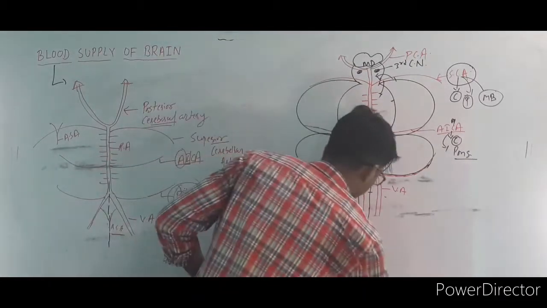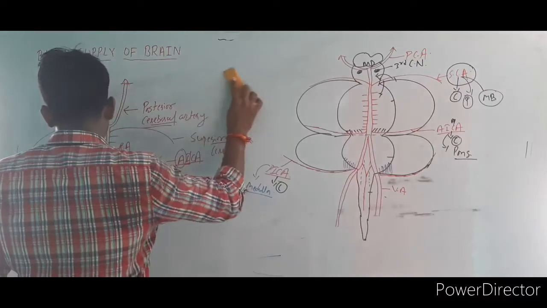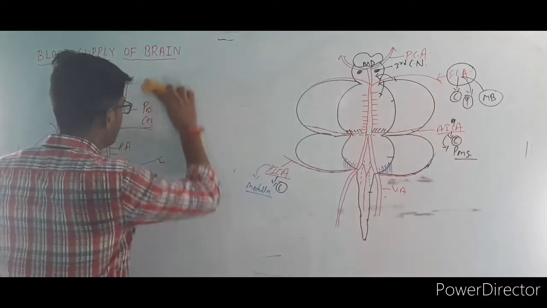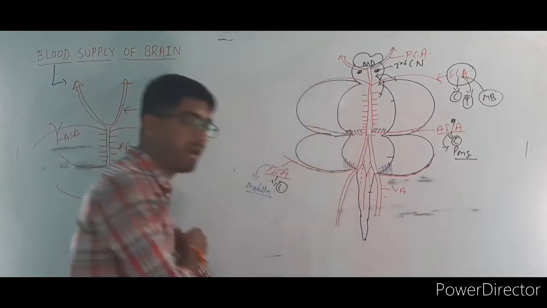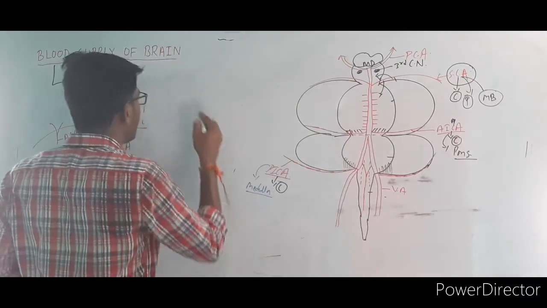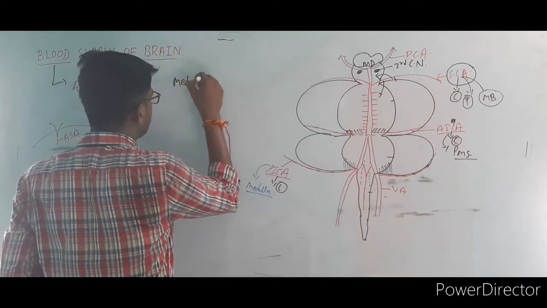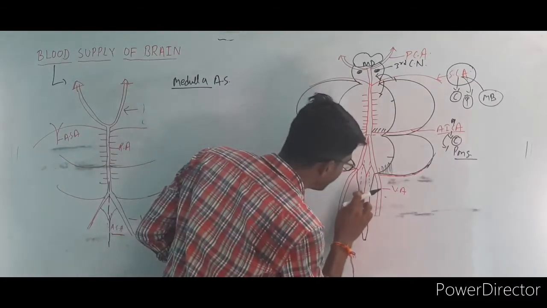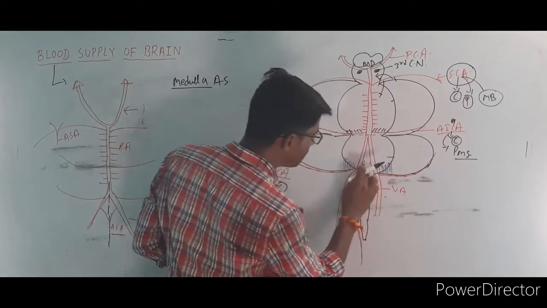Now, one time a question has been asked: the arterial supply of the medulla. Can you tell me the arterial supply of the medulla? See here, the anterior spinal artery from this level.